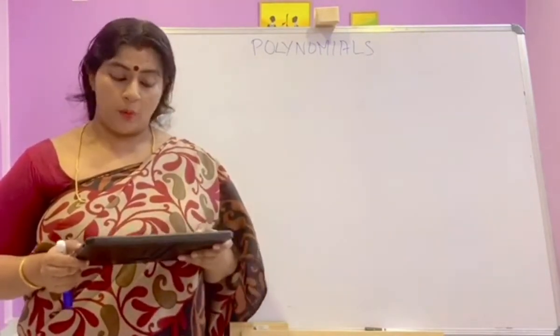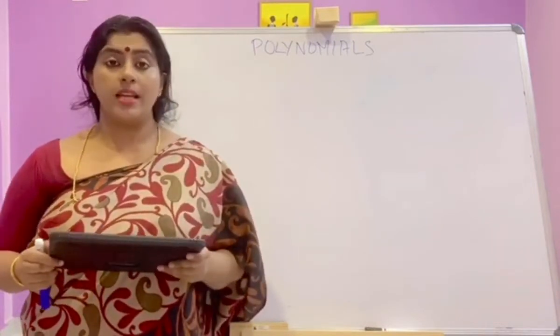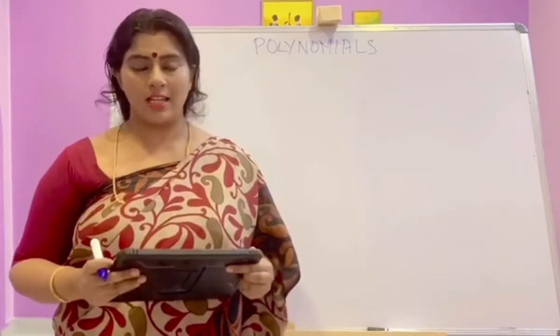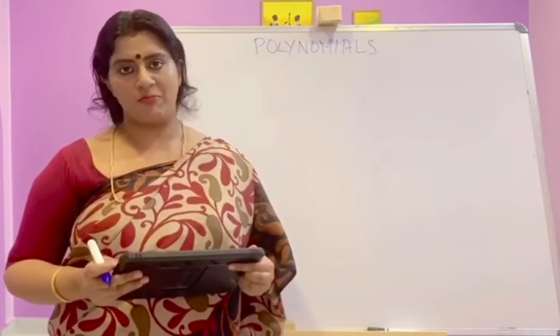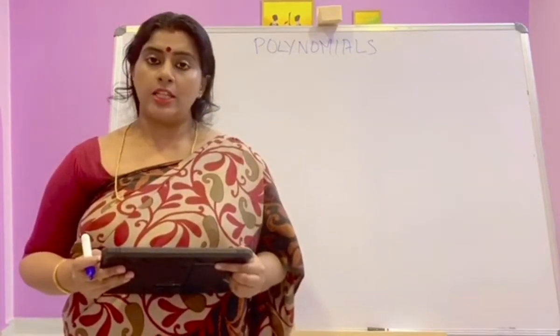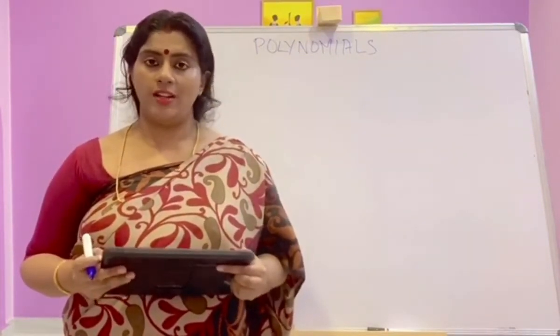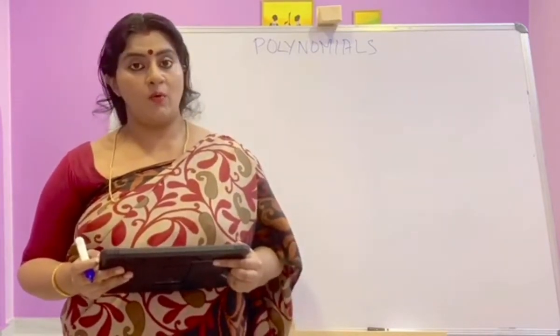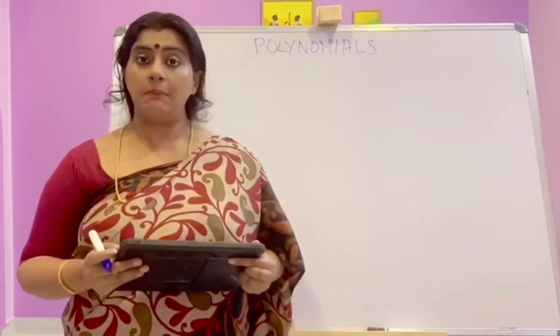Now the next topic is the relationship between zeros and coefficients of polynomials. Before that, I will tell you something about the powers of a polynomial. In the case of powers, it should always be a whole number. That is, we can have values 0, 1, 2, 3, etc. in the power.